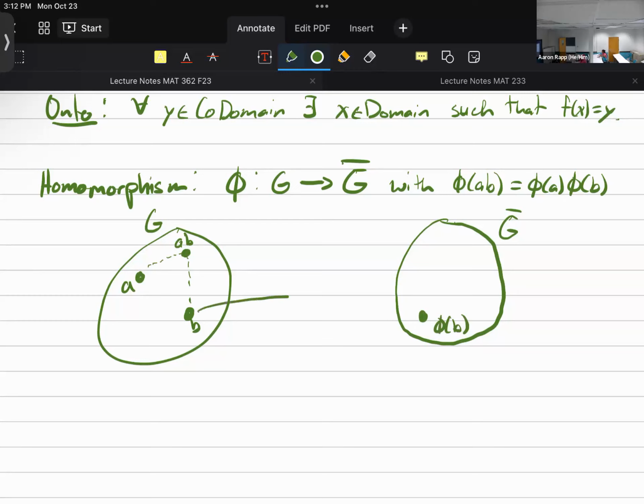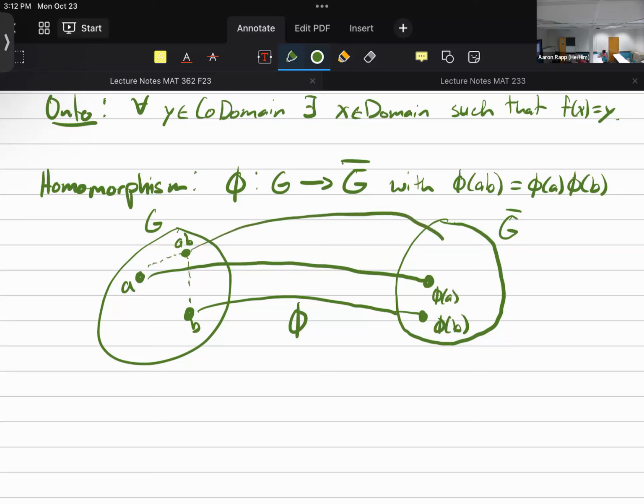Let's just say every one of these lines is my function phi. So B gets mapped to whatever phi of B is. A would get mapped to whatever phi of A is. And similar story for AB, phi of AB.